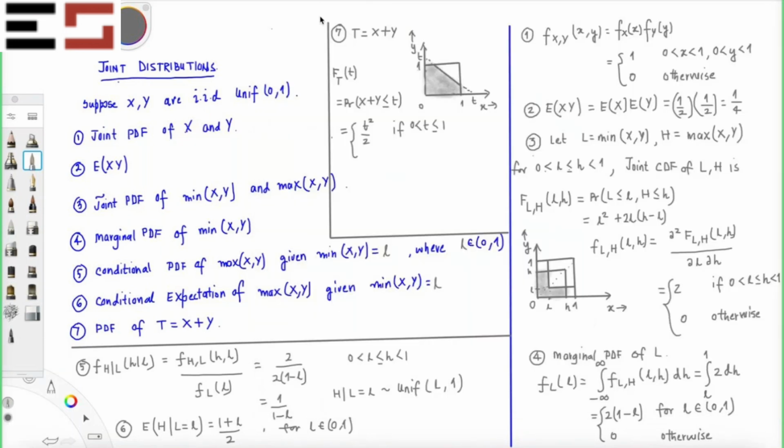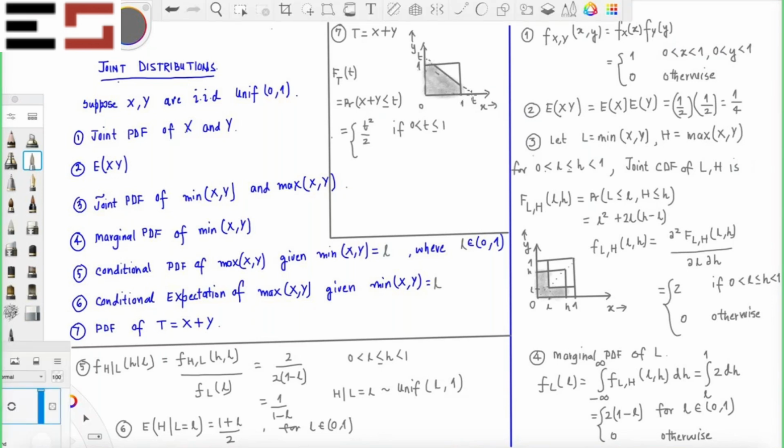Okay. So how will you do that? One way is you can again find the area of this, then find the area of this. You can also do the integral if you wish.